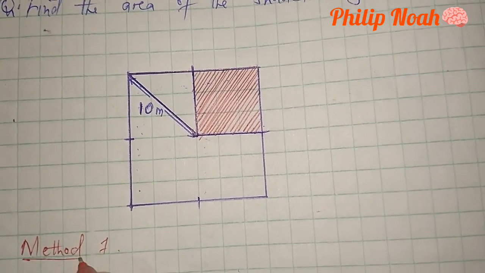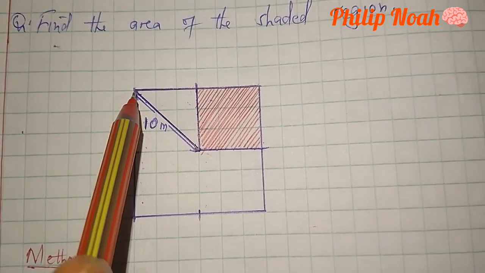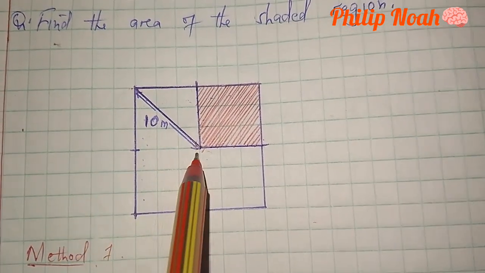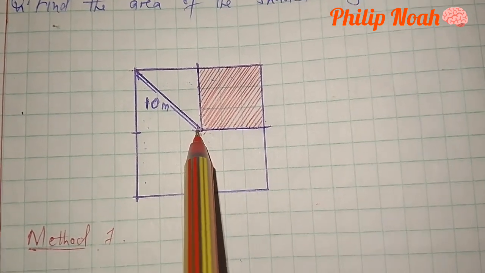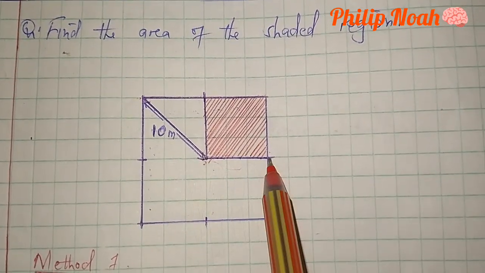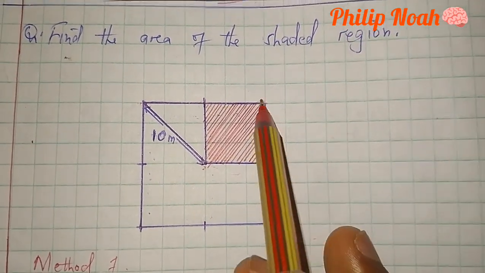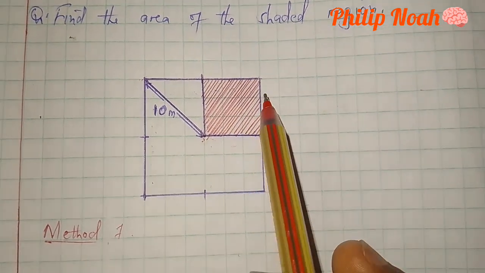You can see that from this point to this point is 10 meters. We want to first determine this length, and also the other length, so that we get the area of this figure.